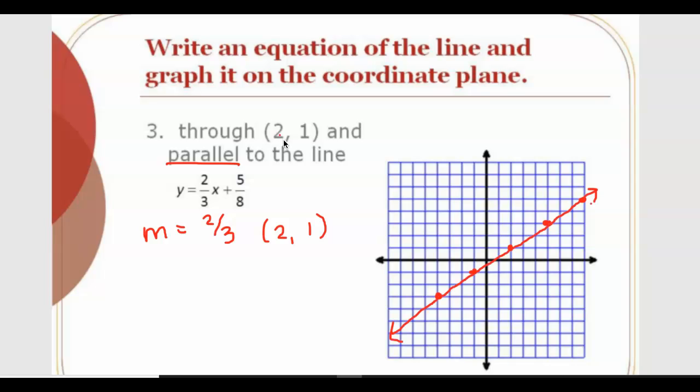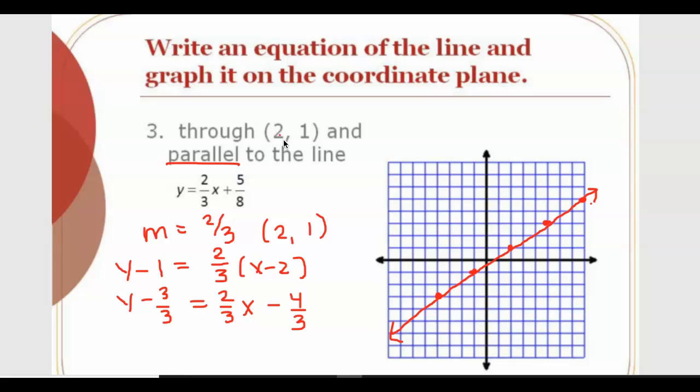So again, we should be able to notice from that graph that the y-intercept is not a nice whole number. So to get the equation of the line, we have to do point-slope form from the given slope and point. So you get y minus 1 equals 2/3 (x minus 2), or y minus 3/3 equals 2/3 x minus 4/3.